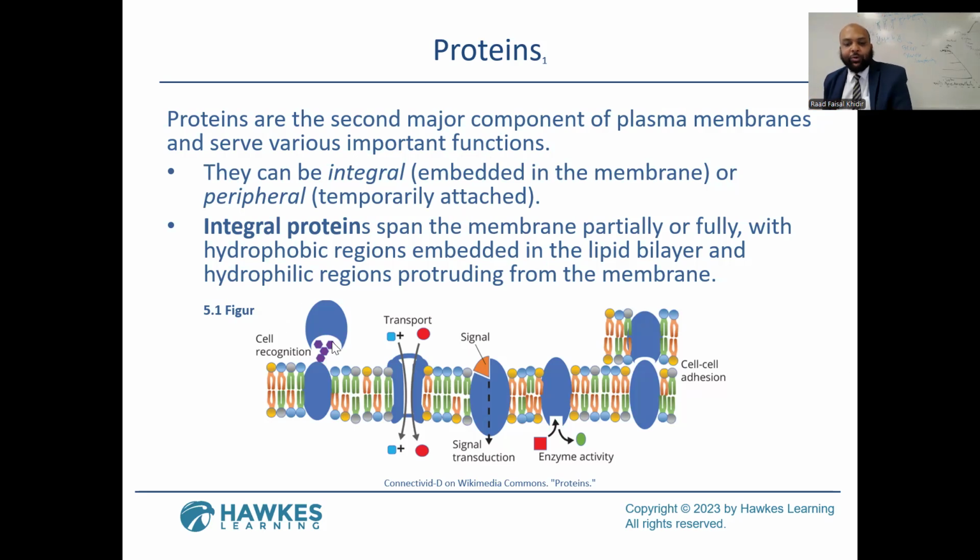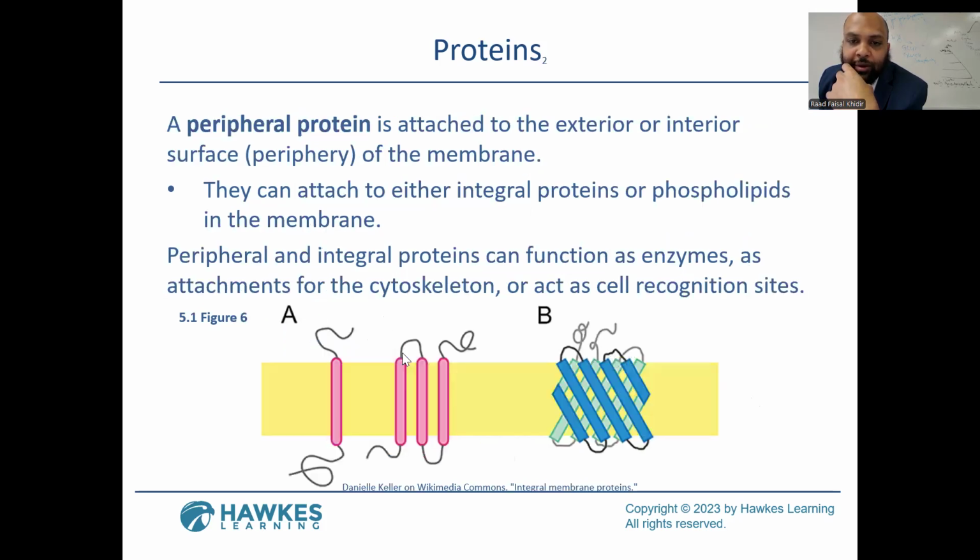So you see your proteins here, you have proteins on the outer periphery or proteins that span both layers. Integral proteins span the membrane partially or fully, with hydrophobic regions embedded in the lipid bilayer and hydrophilic regions protruding from the membrane.